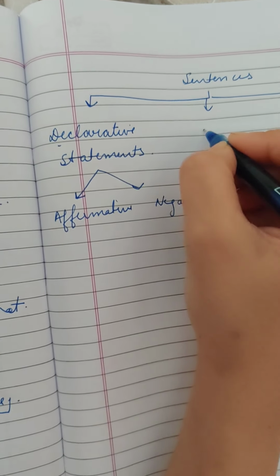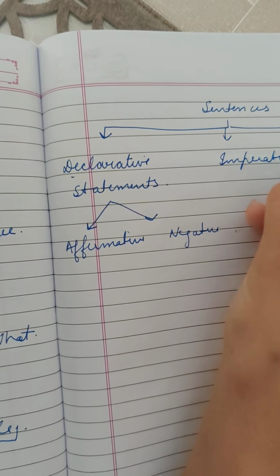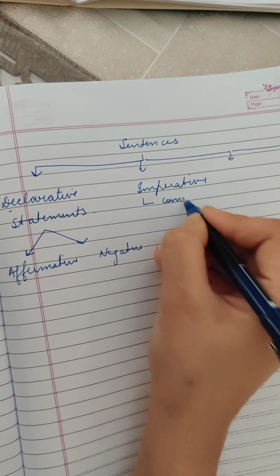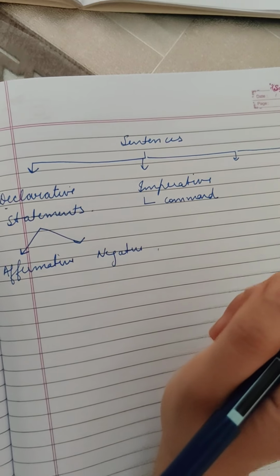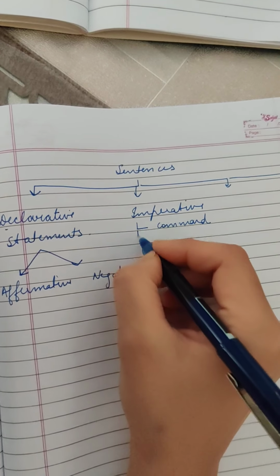Then the second type of sentence is imperative. Imperative sentences are those which show that a command is being given, like go there, do this work, do not talk. So they are imperative sentences.